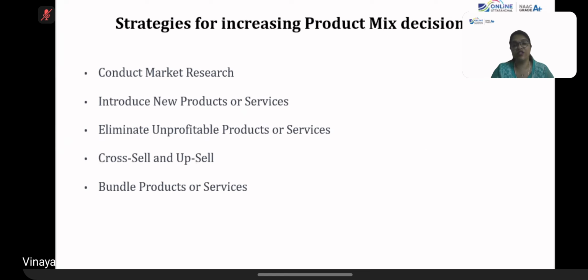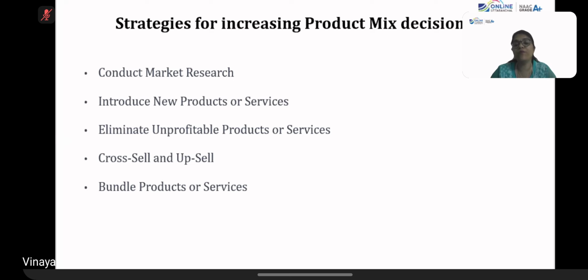Now, what are the strategies, students, for increasing product mix decision? Firstly, you need to conduct the market research. Conducting market research is very essential because you will understand what are the customer preferences.